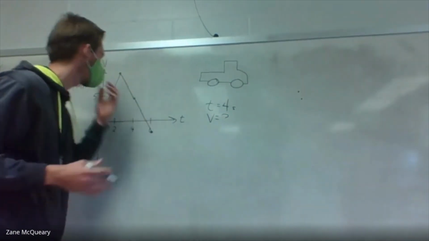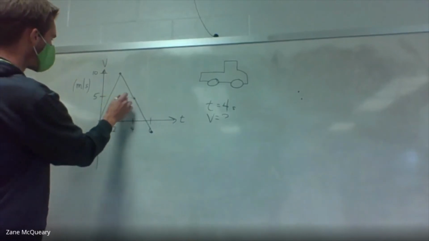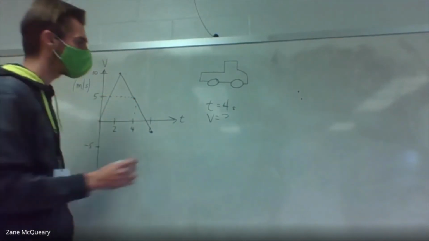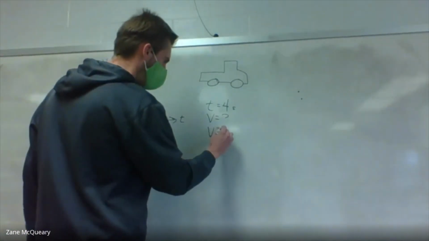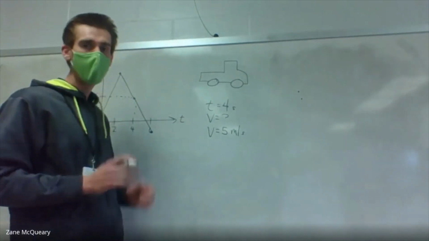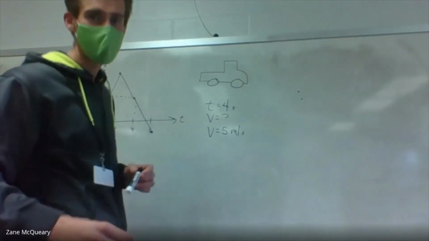And you look up here and you'd say, okay, at 4 seconds, I'm traveling about 5 meters per second. That's the basic part of reading a velocity versus time graph for velocity.